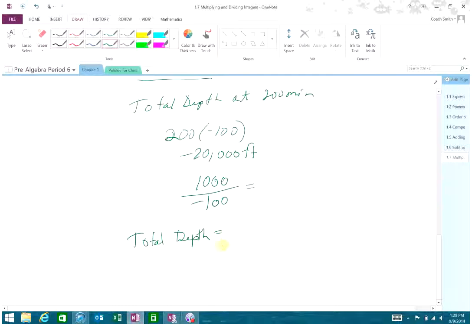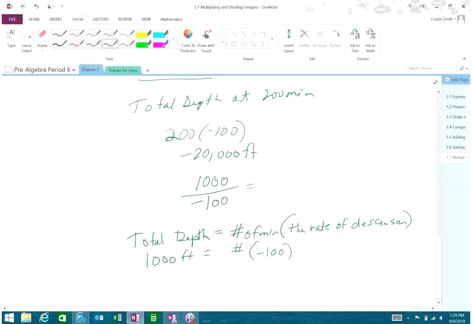So to figure out total depth, see, and this is where what we were doing comes into play. Total depth was equal to the number of minutes times the rate of descension. Okay? Well, here we have 1,000 for our total depth. We don't have the number of minutes, but we do have negative 100.